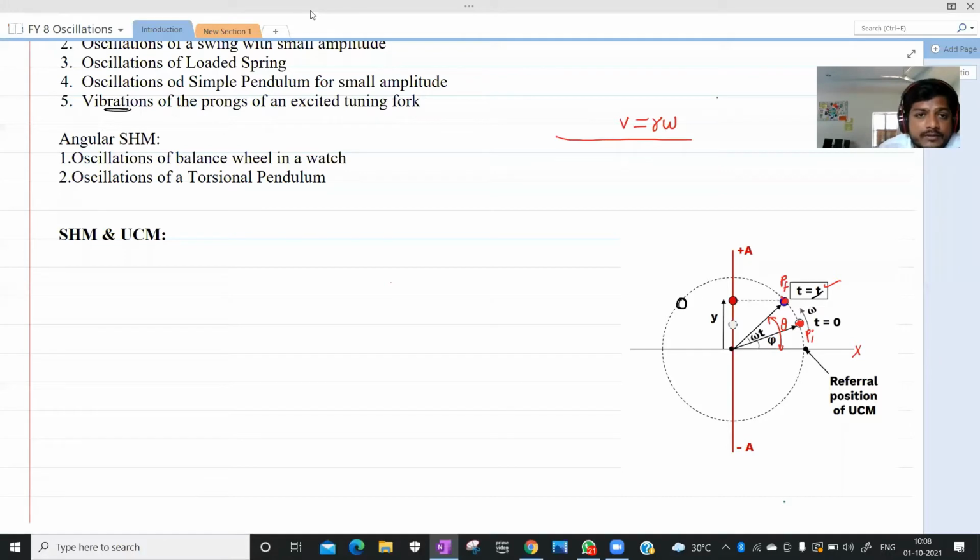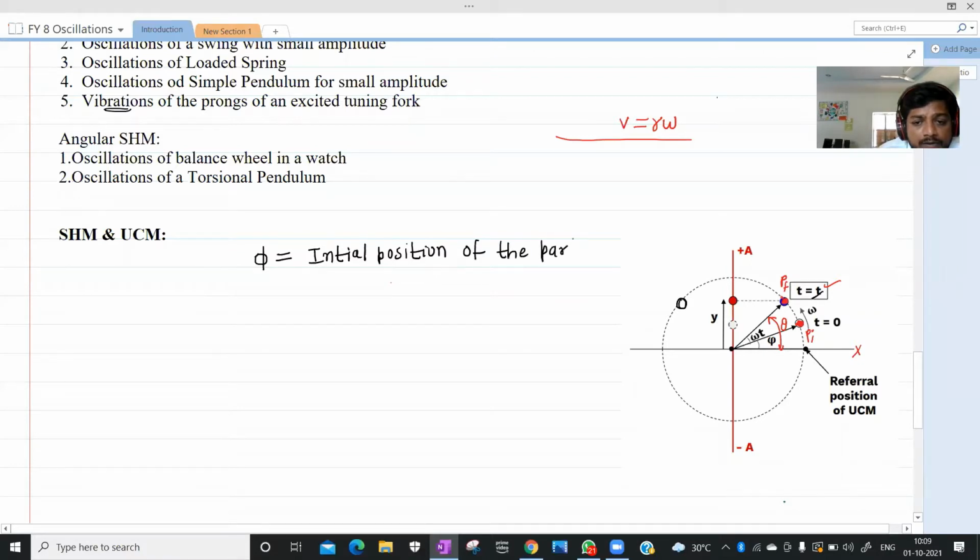Omega t. So here, what is phi? Phi is nothing but the initial angular position of the particle.